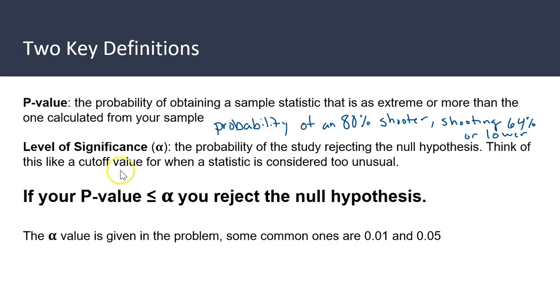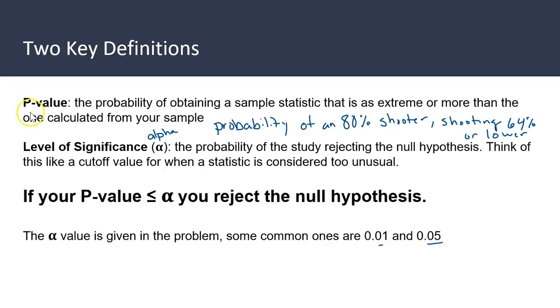Then our level of significance is this little symbol here, the Greek letter alpha. Alpha is the probability of the study rejecting the null hypothesis. We're going to think about this as a cutoff value. Some common alphas are 0.01 and 0.05. If the probability of something happening is lower than 0.05, I'm going to say that's too unusual, or 0.01, or whatever the alpha is.